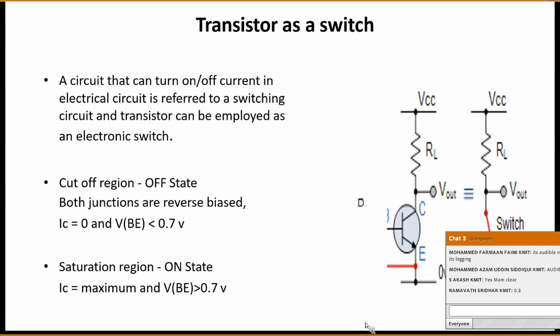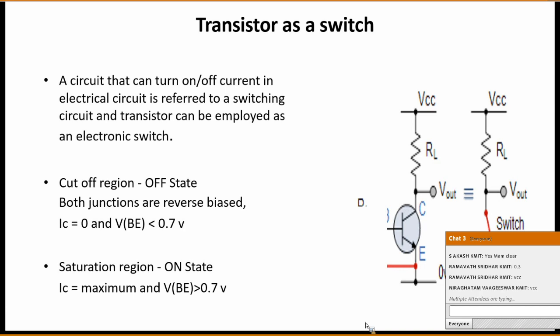Now, if the transistor is operated in the cutoff region, the off state, what is its output voltage? The output voltage is equal to... yes, if the transistor is operated in cutoff, VCC.